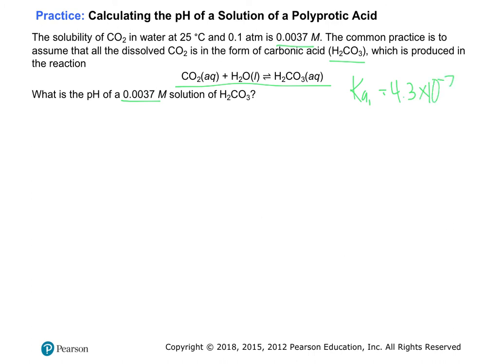The second one, Ka2, is 5.6 times 10 to the negative 11. So they differ by basically 10,000, which is a lot. So if we want to know what the pH of the solution is, we're going to do a very similar thing, but we're going to only use our first Ka here when we're plugging into our ice table.